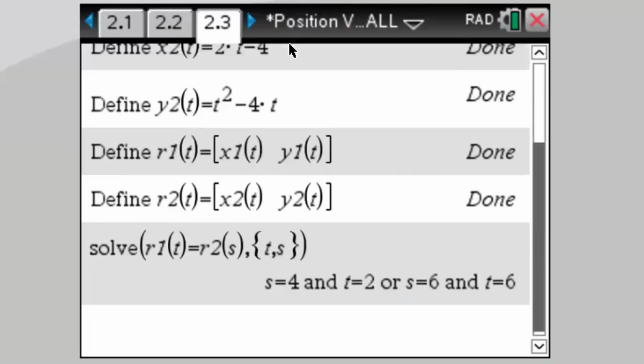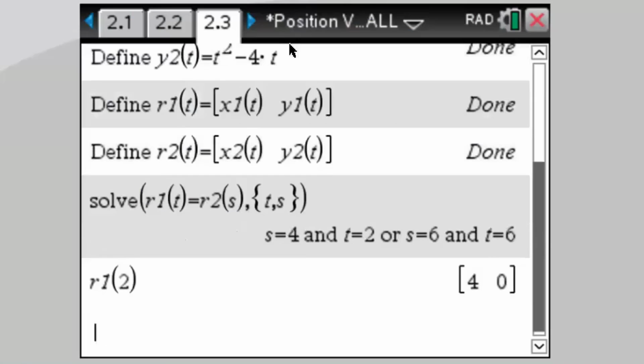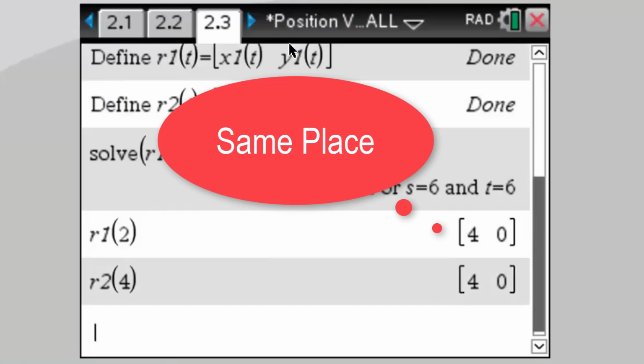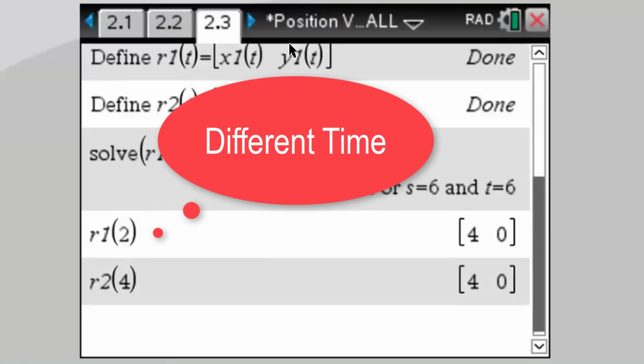So what's going on here? Well, let's work out R1 at 2. That means the particle is at the point x equals 4, y equals 0. Let's work out R2 at 4. And once again, we can see the particle is at that same position at x equals 4 and y equals 0.